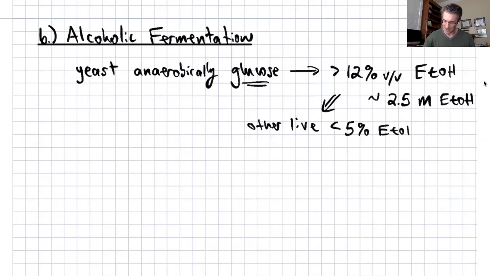So what yeast basically have figured out how to do is to metabolize the crap out of the available glucose, kill everybody else off in the environment that they're competing with, because essentially they're secreting an antiseptic, and then they can slowly, maybe if they get a little access to some oxygen, they can then happily metabolize that ethanol at their leisure once everybody else has been wiped out, right? Which is kind of a cool idea, right?